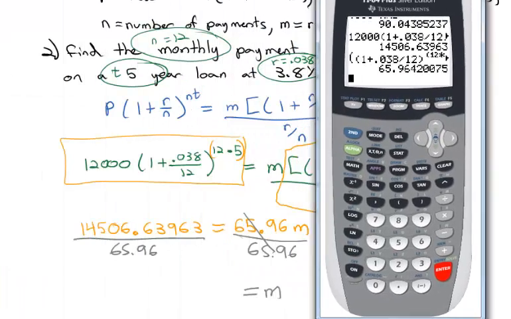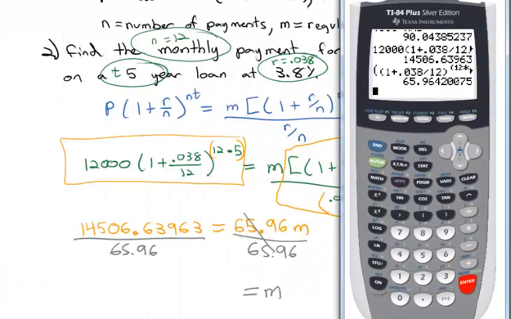So I'm going to move the calculator back over. So that 14,506.63963 divided by, I can grab the previous answer here because it's sitting right above. We can only grab the answer right above. Second answer, and hit enter.